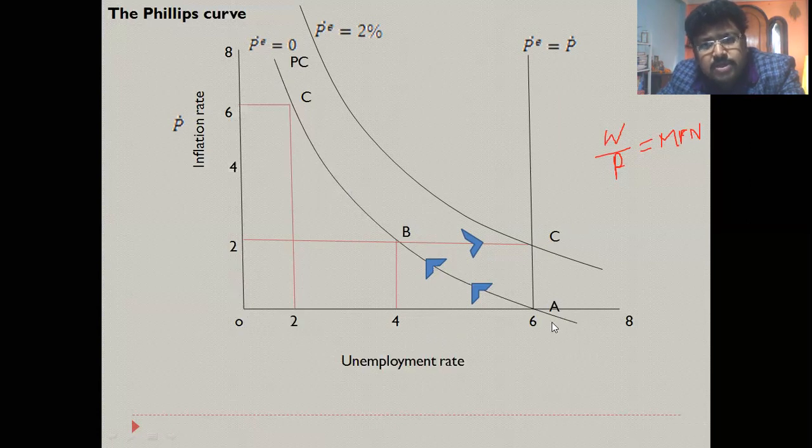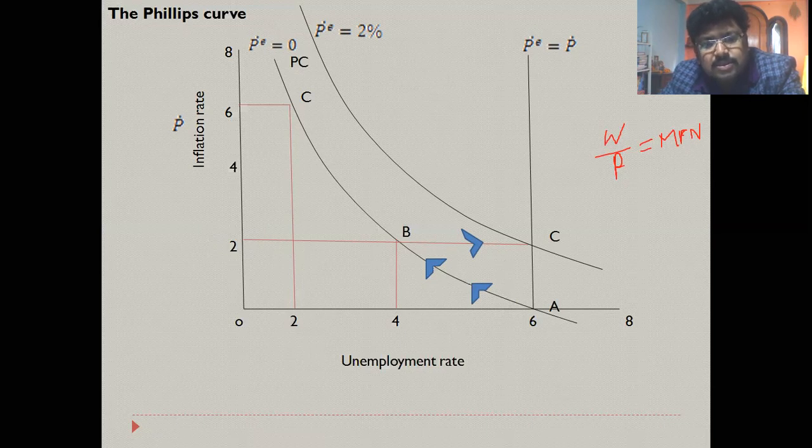The labor suppliers are expecting inflation is zero. So they do not have perfect information, but actually there is an increase in the inflation rate by 2%. They have a lack of information, as Keynes said.